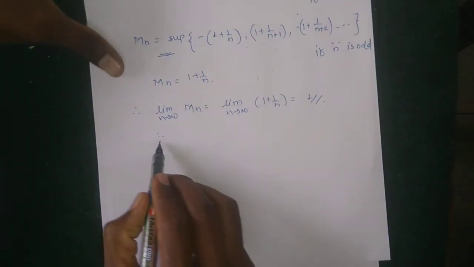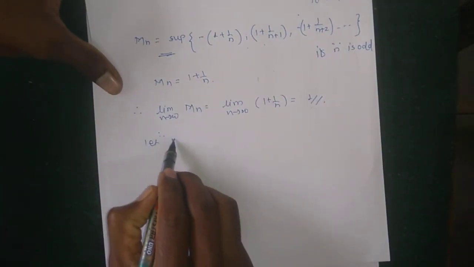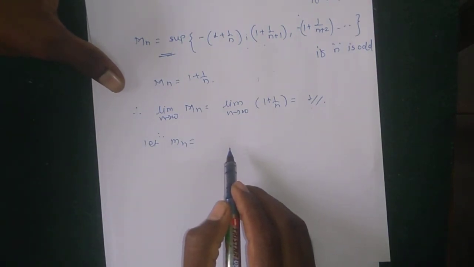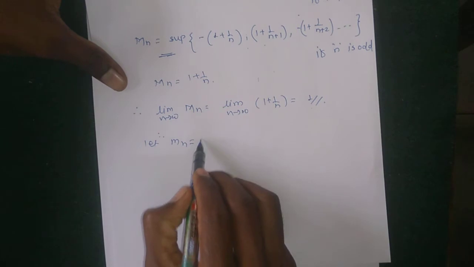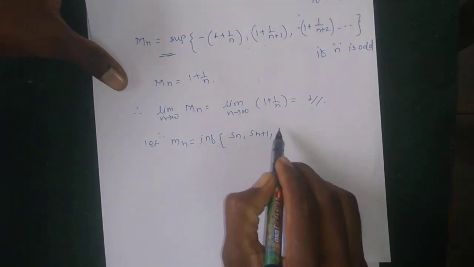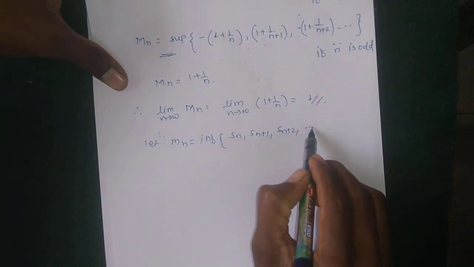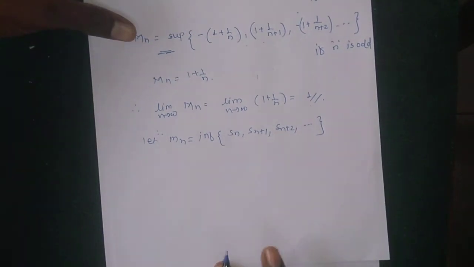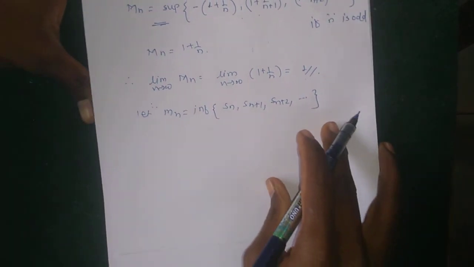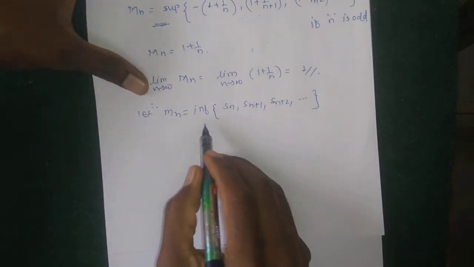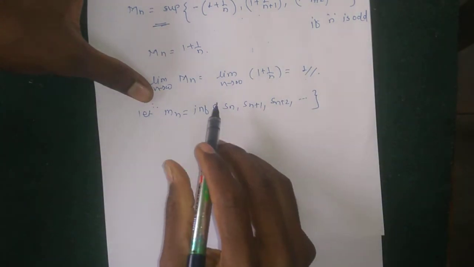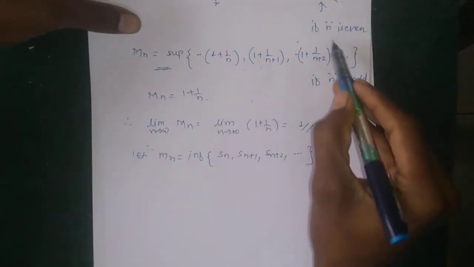Similarly for the infimum, let small mn be the infimum of Sn, Sn plus 1, Sn plus 2, and up to so on. Here we do not find m1, m2, we directly use this formula.